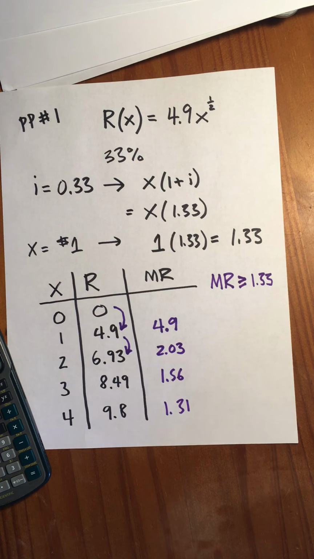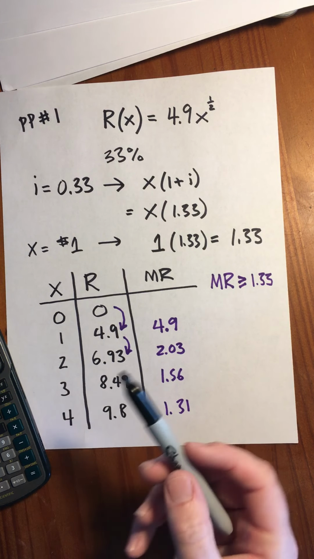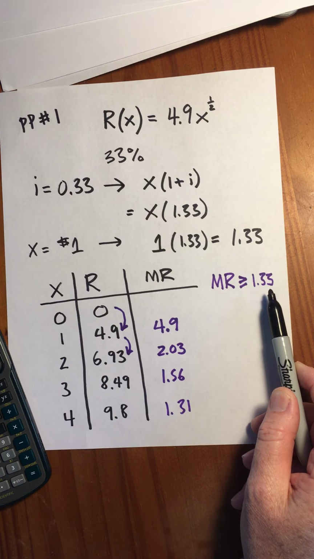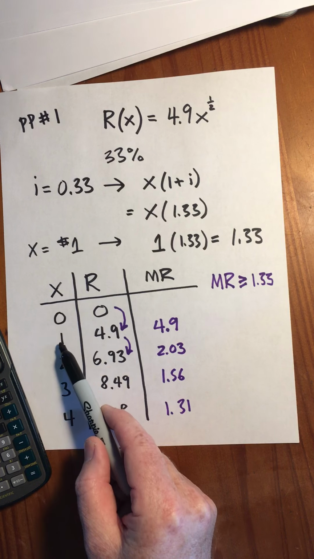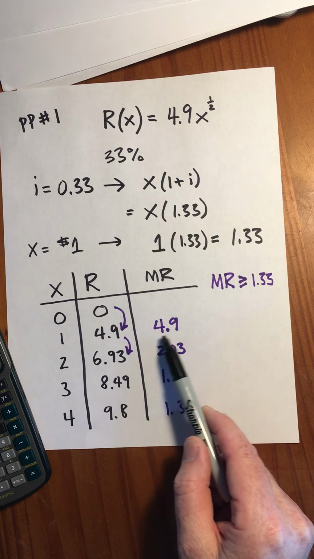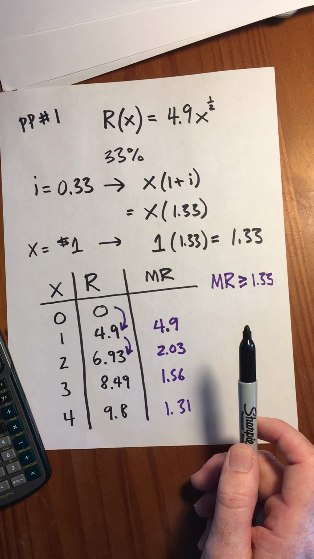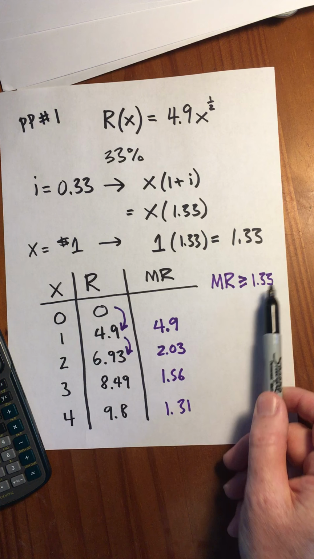All I do here is figure out how many units of X will have marginal revenue greater than 1.33. You can start with, should I at least invest 1? Well, if you invest $1, the marginal revenue generated by your company is $4.9. If you borrow that dollar from the bank, you have to pay back 1.33.